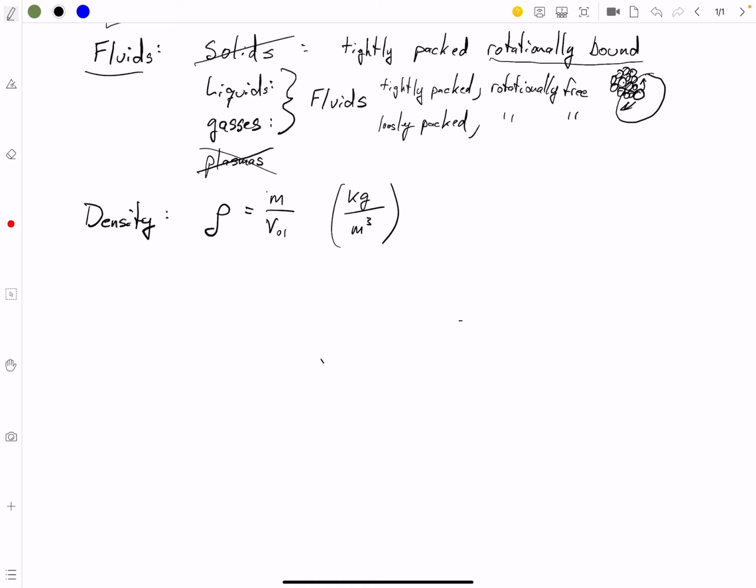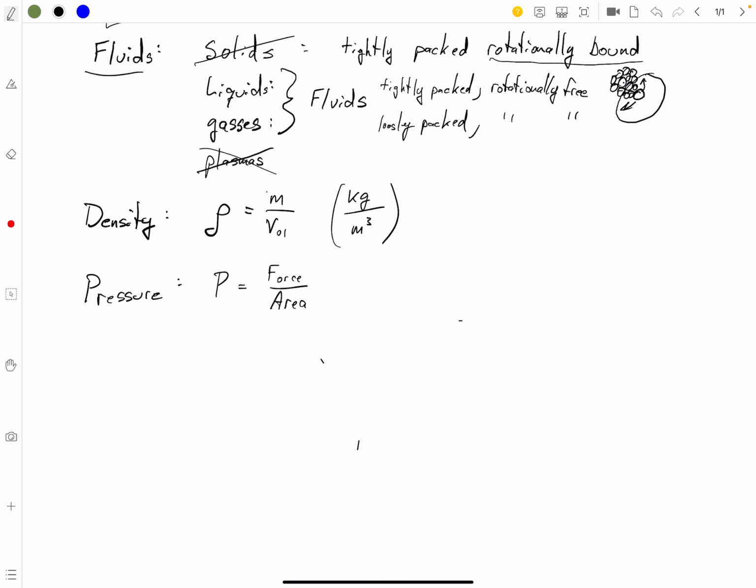So kilograms per meter cubed. Let's just plug in pressure while we're at it. That's a capital P, and it equals the force per area.